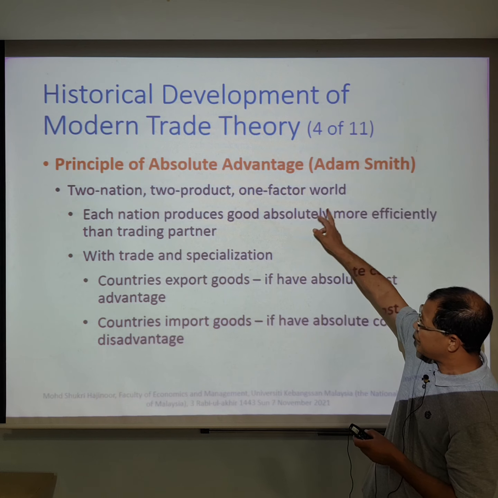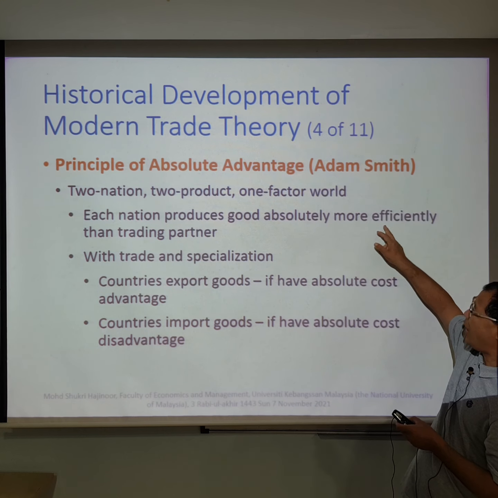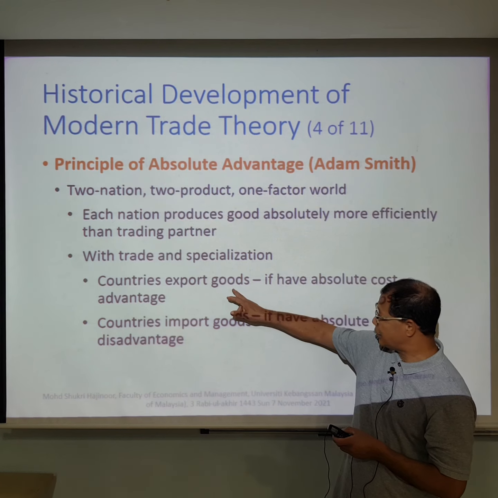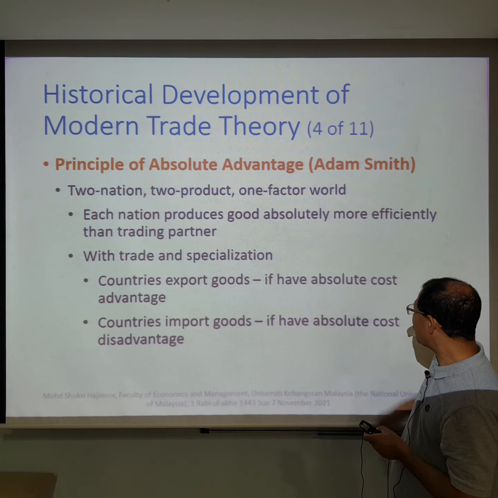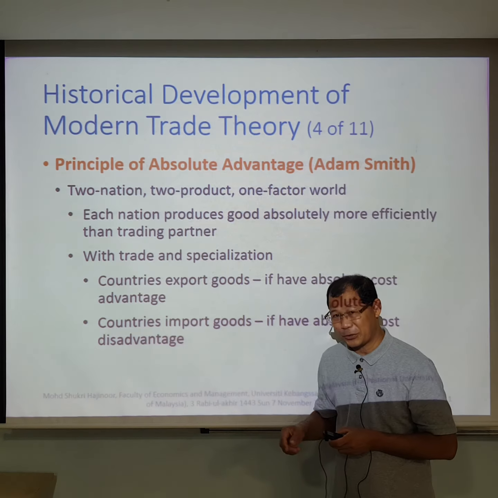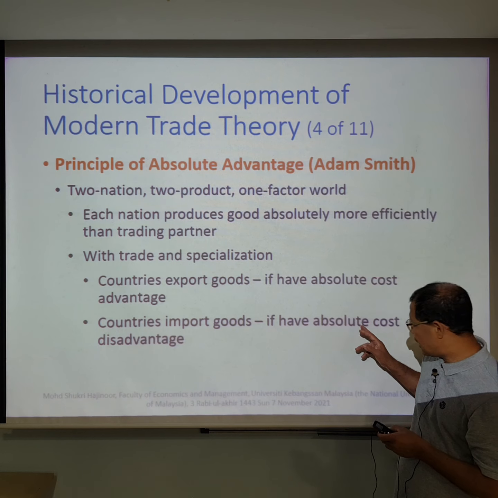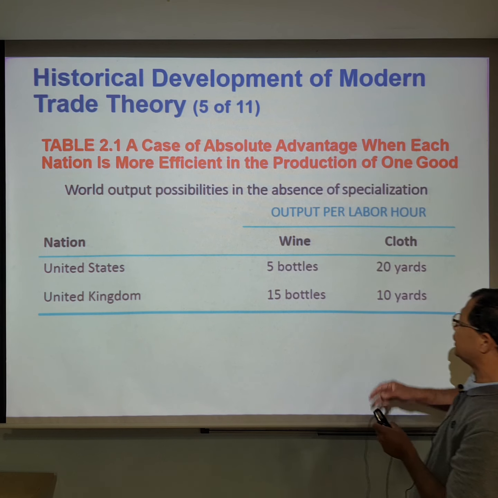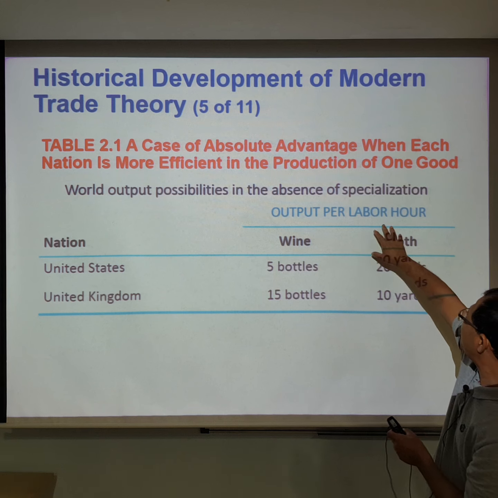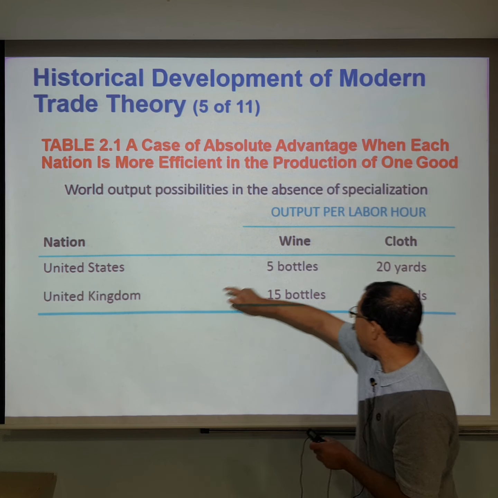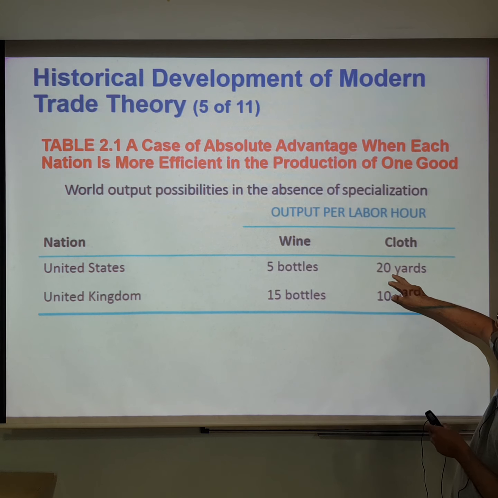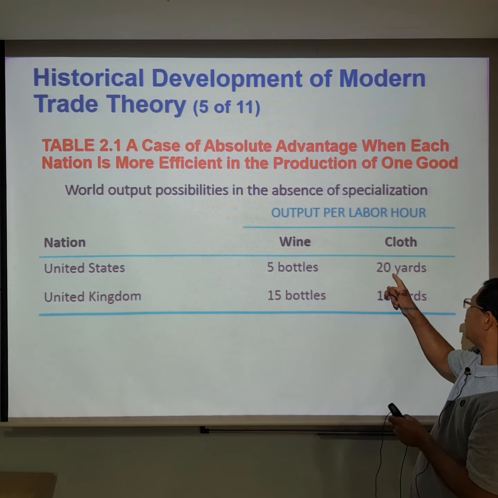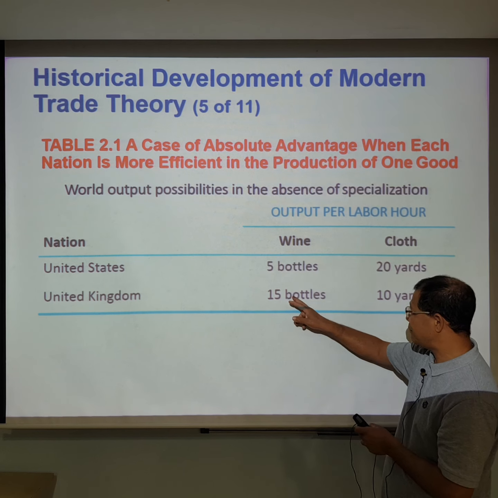Two nations, two products, one factor world. Each nation produces goods absolutely more efficiently than its trading partner. With trade and specialization, countries export goods in which they have an absolute cost advantage. That country will import goods in which it has a cost disadvantage. So let's look at here. Output per labor hour: United States, UK, wine, clothes. Look here, the United States can produce, in 1 labor hour, 5 bottles of wine and 20 yards of clothes, compared with the United Kingdom, 15 and 10.